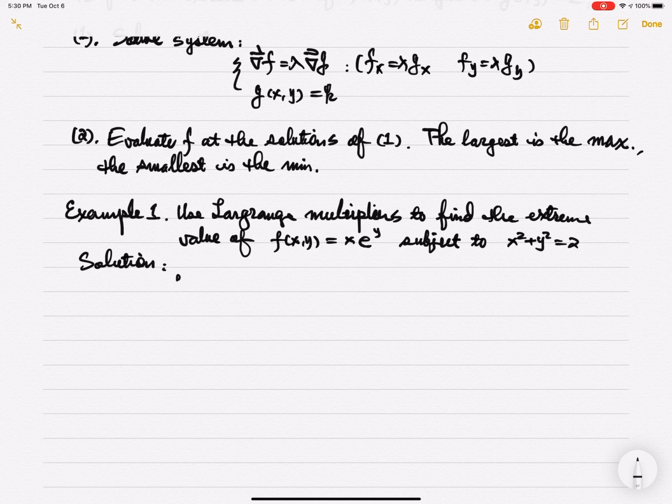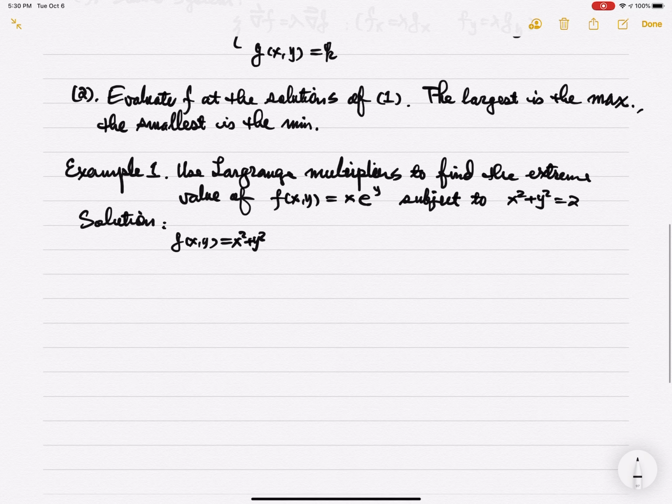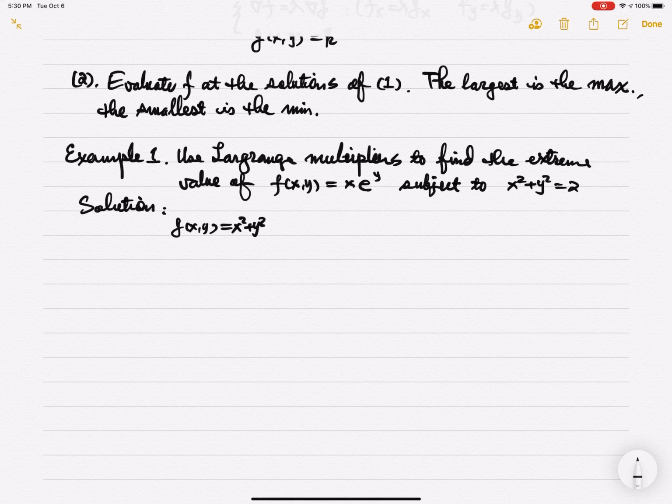Of course here g(x,y) is just equal to x squared plus y squared, and k equal to 2. So we directly, you don't have to use a gradient vector, find f sub x equal to lambda g sub x. This gives us e^y equal to lambda 2x, right?